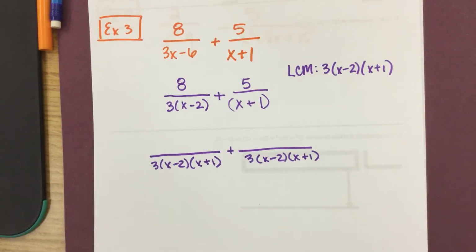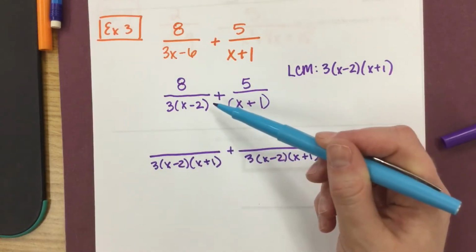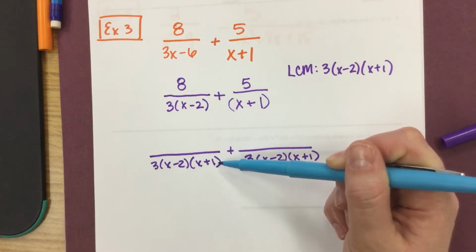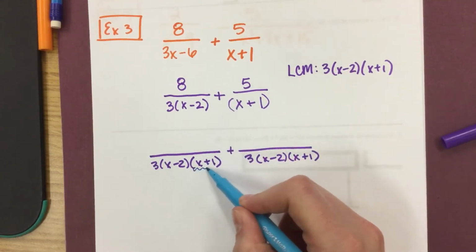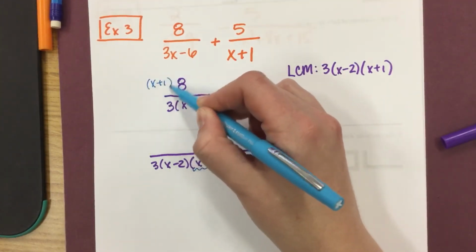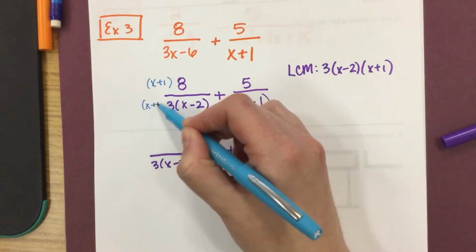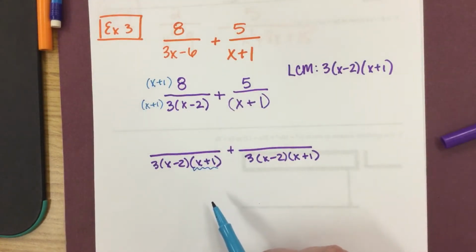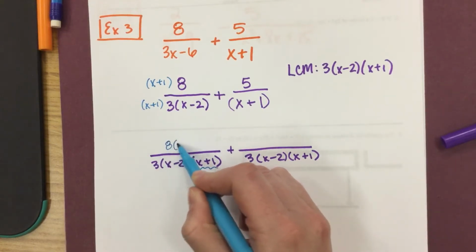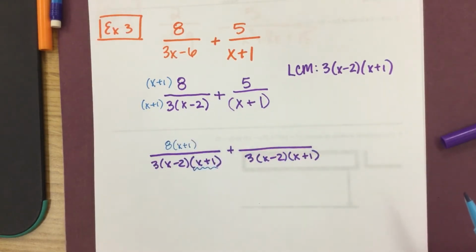So then I say to myself, when I take a look at my original denominator, what am I missing that this one has? Well, it's this x plus 1 that's missing. So I would have needed to multiply my numerator and my denominator by x plus 1. So my numerator now becomes 8 times x plus 1.